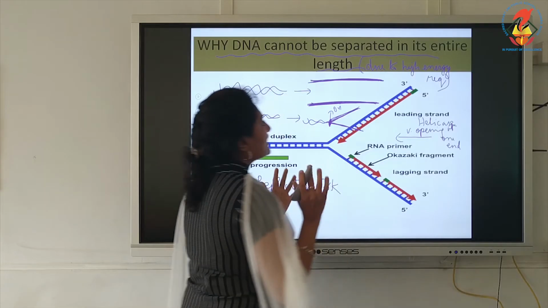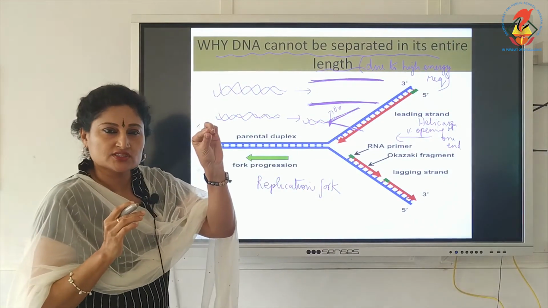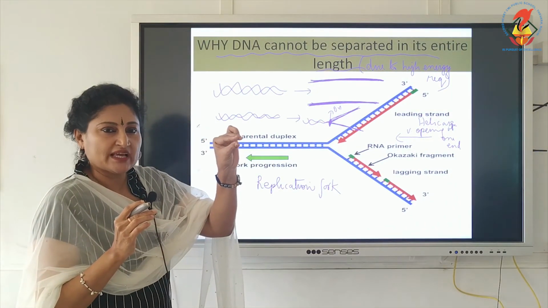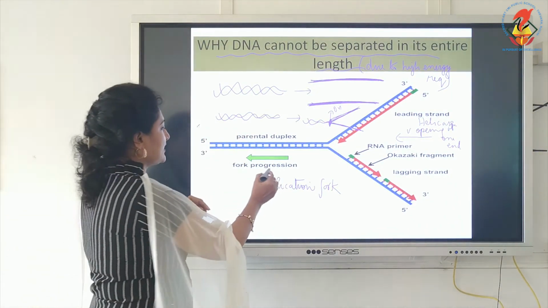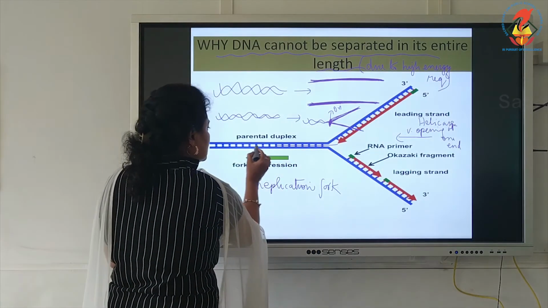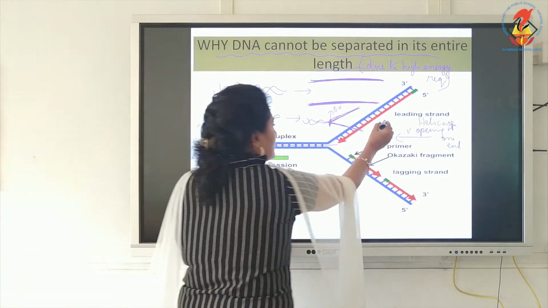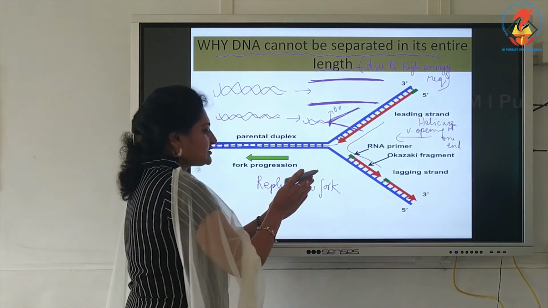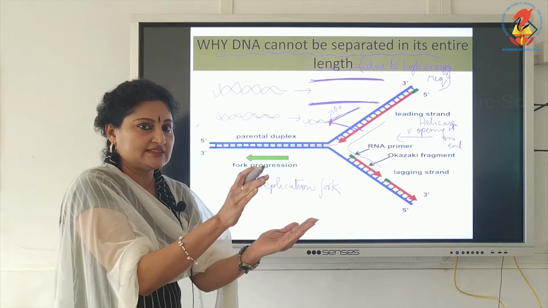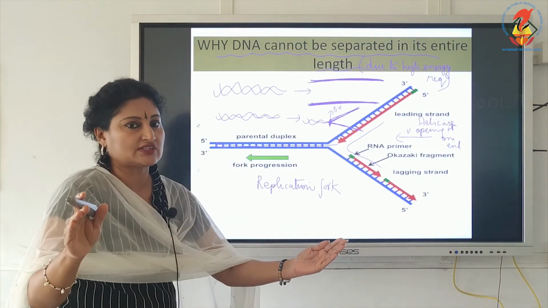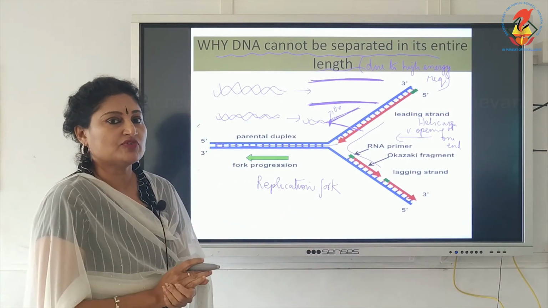Very simple: that is why it opens at a very small opening at one end, and later it progresses slowly, not separating at one stretch. It opens up at one end due to helicase, and slowly it unwinds, and finally we get both the strands separated, which serve as a template for the new strand.